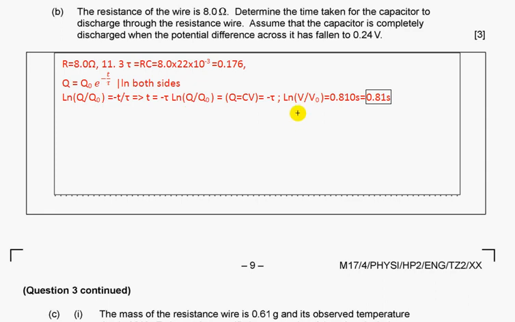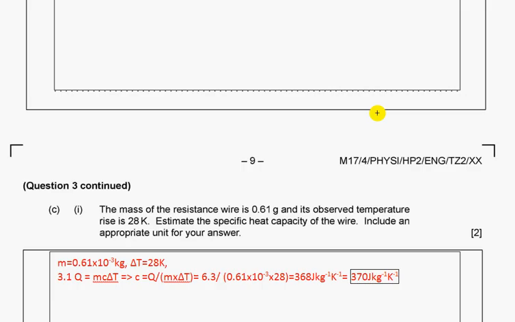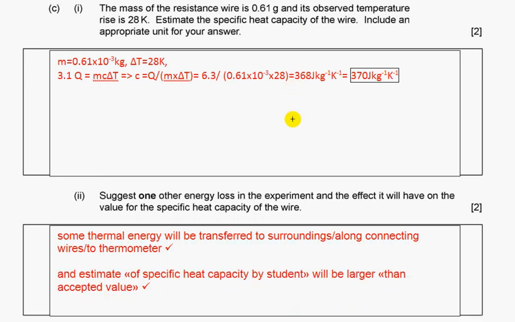Then we use the information that the voltage after it is fully discharged is 0.24. It was 24, so the time will be, with two significant figures, 8100 seconds.